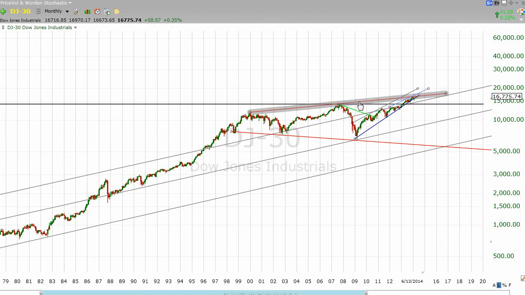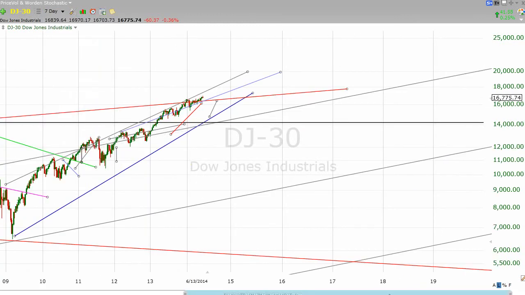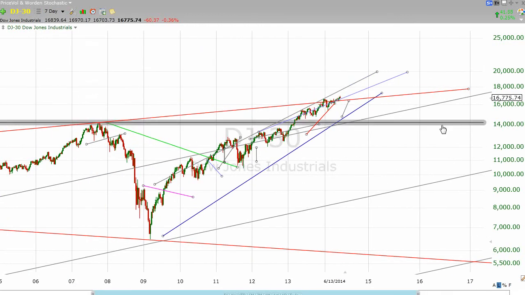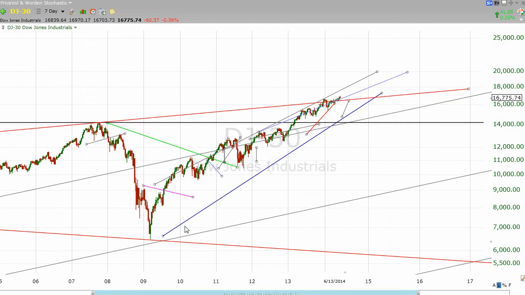Now, what about this top line? Well, we are getting somewhat close to that line. As a matter of fact, we are currently a little bit over it. So I think that certainly bears watching, but you can see that the Dow has been setting new record highs.